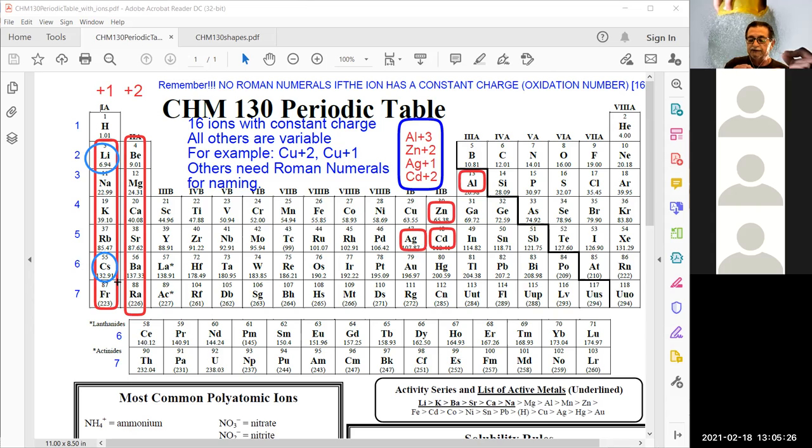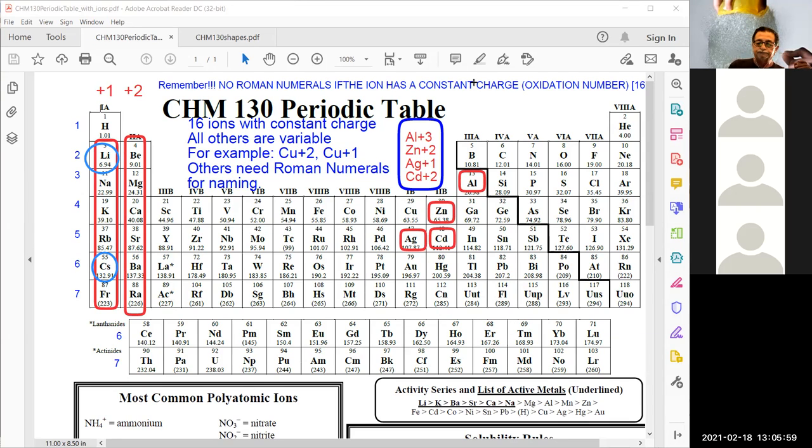So the fact that cesium is bigger than lithium, and that they both have one valence electron, one can conclude that the amount of energy to remove that one electron for cesium will be much less than the energy for lithium, simply because that one valence electron is further apart. And that will be true for everything down within the column.